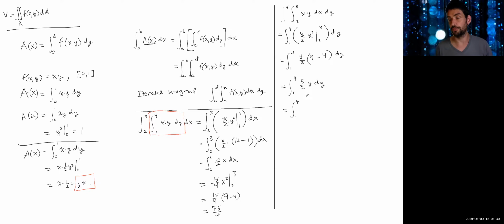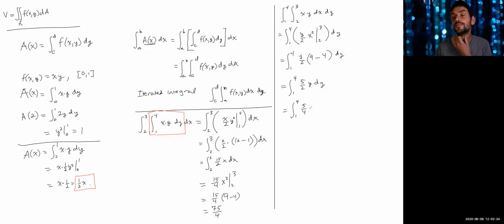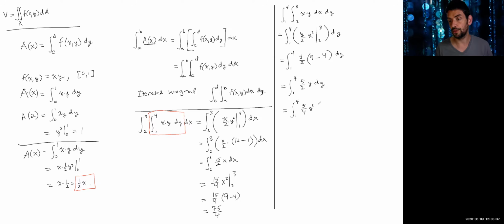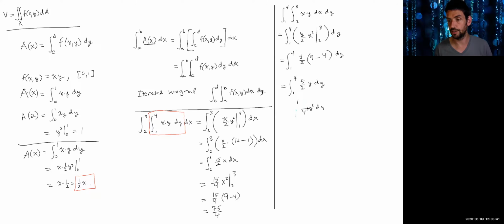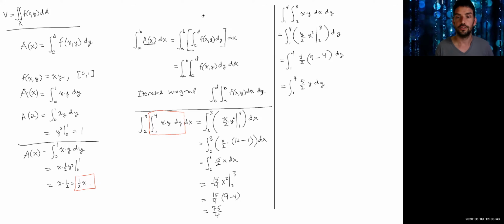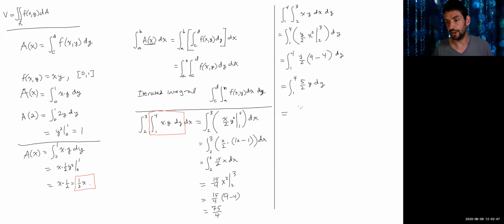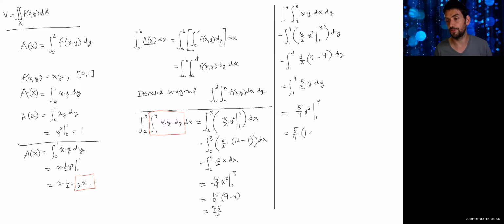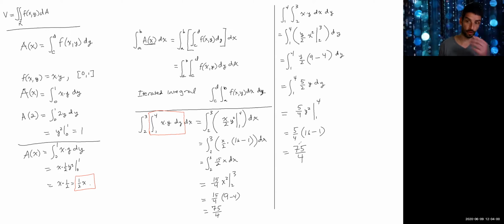I get y squared over 2 again, so this is going to look like 5 over 4 y squared evaluated from 1 to 4, which gives me 5 over 4 times 16 minus 1, or 15 times 5 over 4, or 75 over 4.